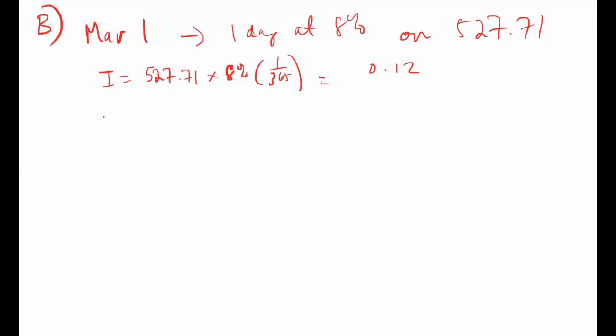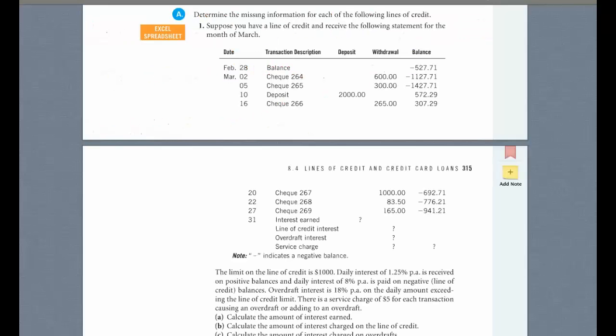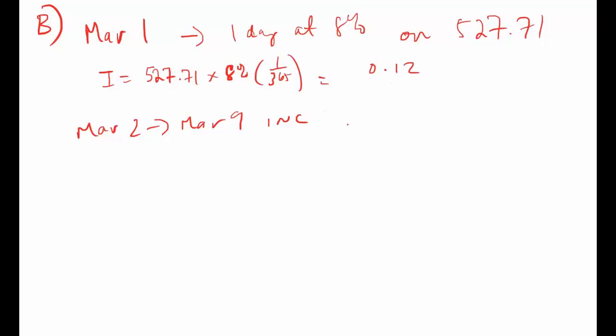March 2nd to March 9th, inclusive. March 2nd up to the 9th because it goes positive on the 10th, so including the 9th. It's 8% on $1,000 because anything over that is overdraft and we're not counting overdraft.